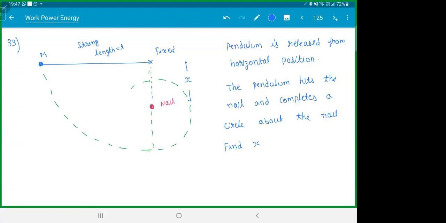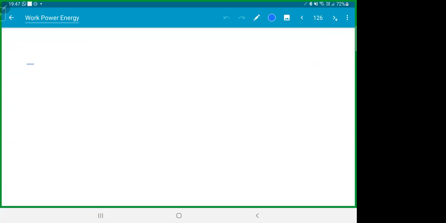So what is the meaning of this? See, suppose you keep the nail too close, what will happen? This part will hit this part here and it will swing like this. You're getting? It won't complete a circle.